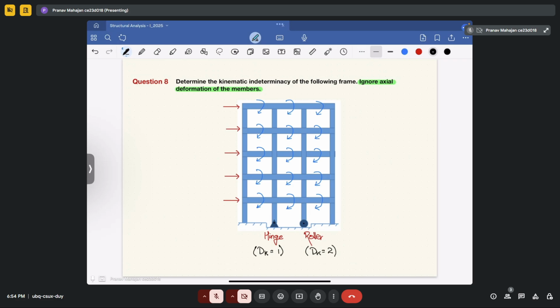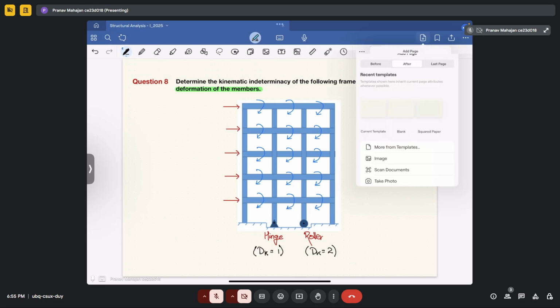That means in case of roller, you will be having one horizontal deformation as well as rotation to occur, because a roller will provide only one reaction, that is one vertical reaction. In all the other directions, it is free to deform. So that's why in case of roller, the degree of kinematic indeterminacy is equal to 2. Now, if we add up all the values, you will be able to determine the degree of kinematic indeterminacy of the whole frame.